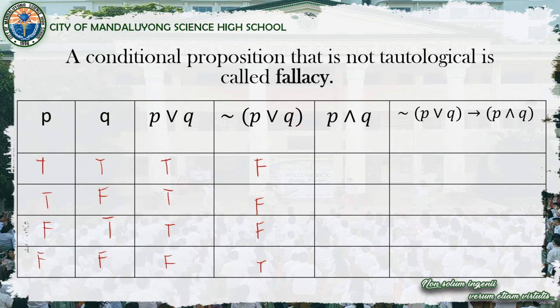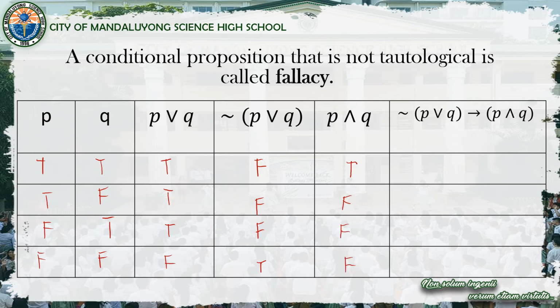Now, since it also requires for us to get the conjunct of P and Q, kunin naman natin. Remember na it will only be true if both your P and Q are true. So, ibig sabihin, true, and we have here false, we have here false, and then false.